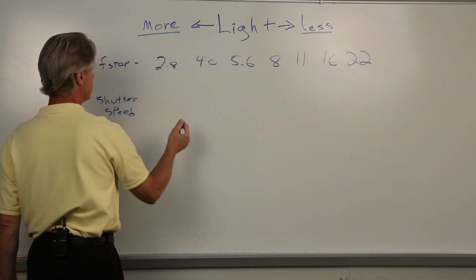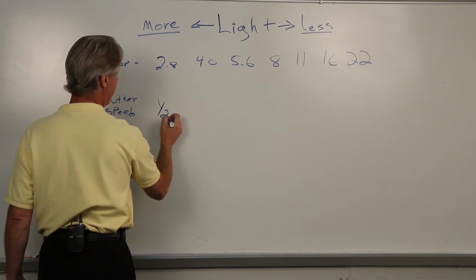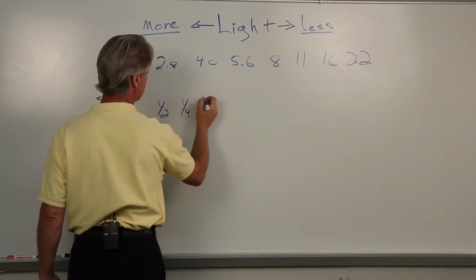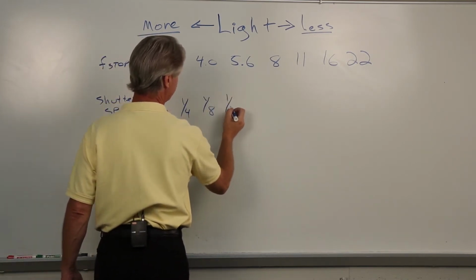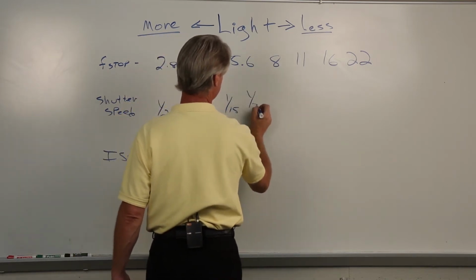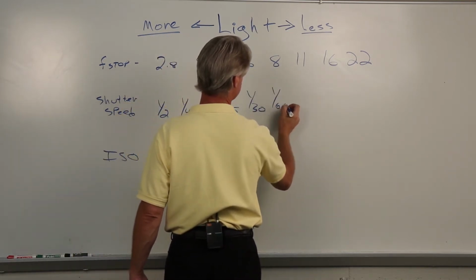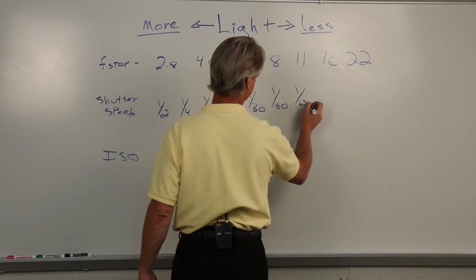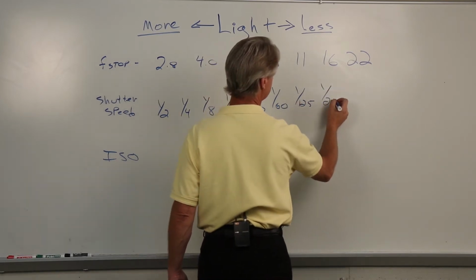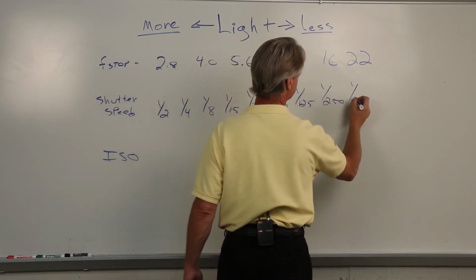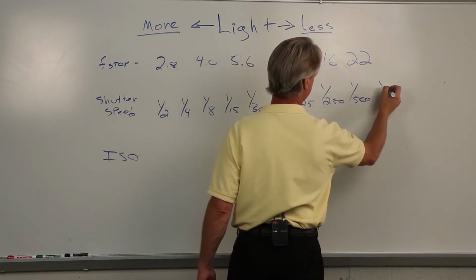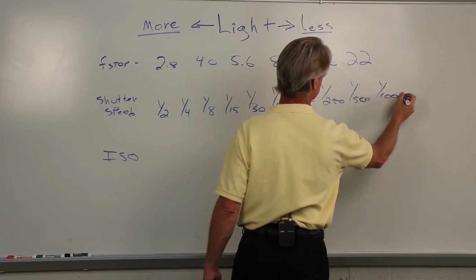Shutter speeds, we're going to go with 1/2, 1/4, 1/8, 1/15, 1/30, 1/60, 1/125, 1/250, 1/500, and 1/1000.